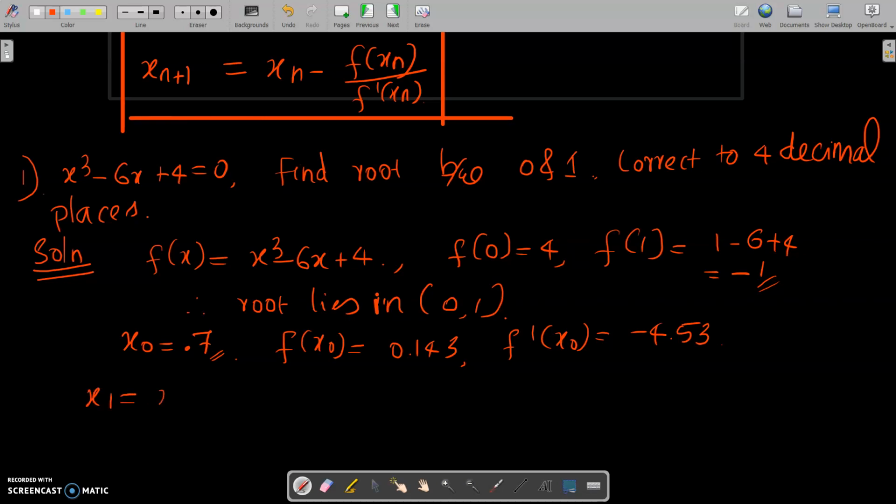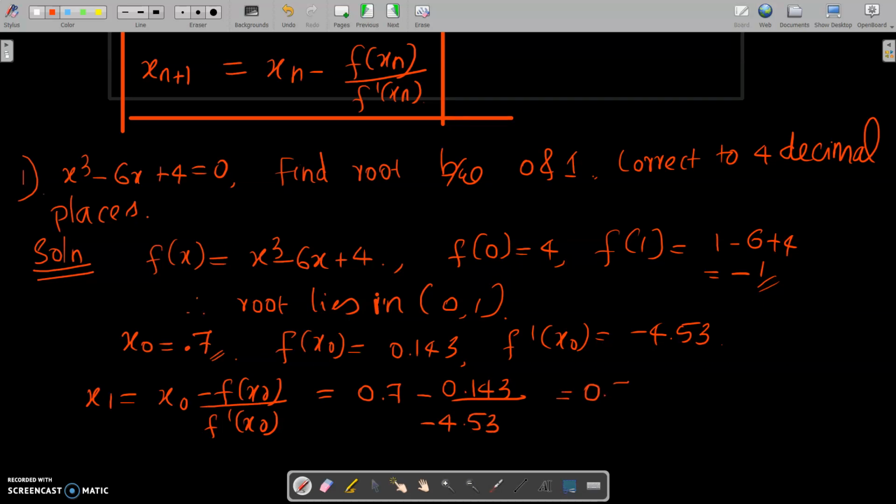So x1 = x0 - f(x0) / f'(x0) = 0.7 - 0.143 / (-4.53), which is equal to 0.7316.